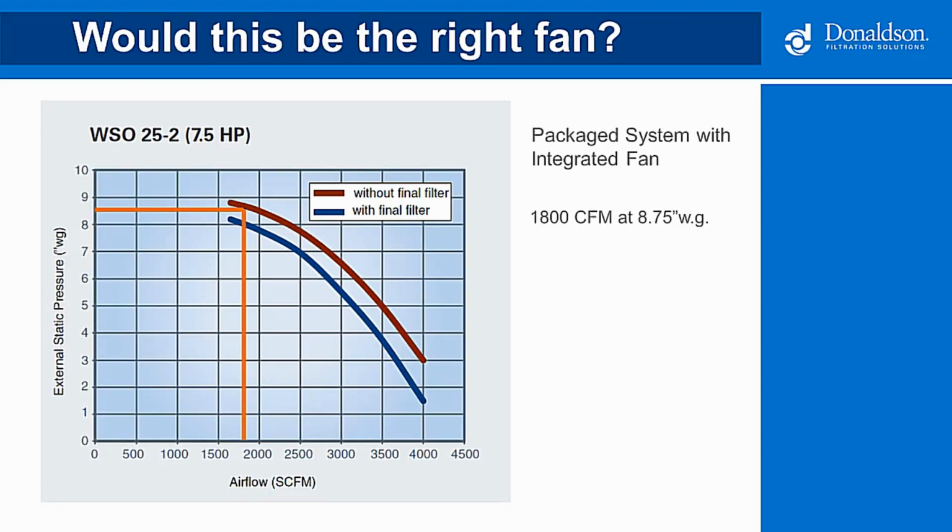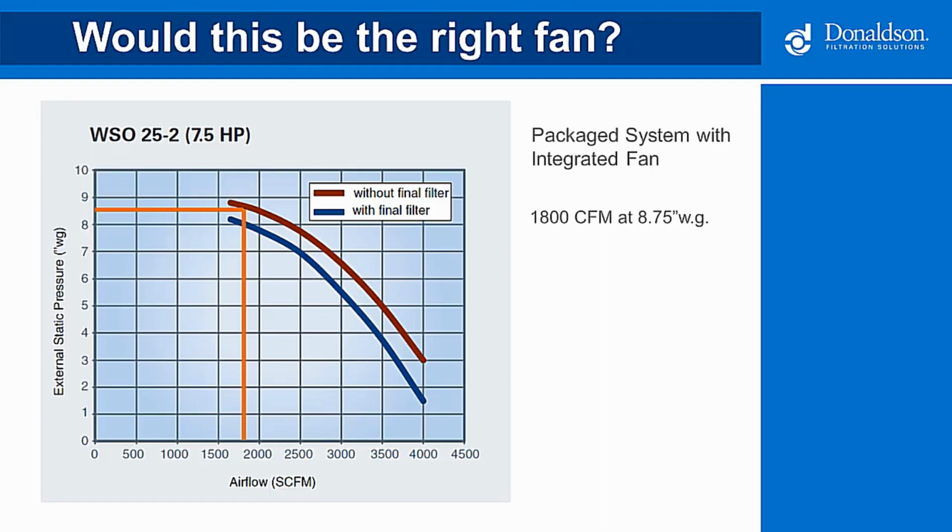The mist collector we chose has that integrated fan package. This is the curve shown here of the integrated fan package. As you can see, this fan will produce 1800 CFM, but only at 8.75 inches of static pressure, which is well below what we need for our requirements. So we're going to have to look at a different type of fan package for this particular system using that WSL 25-2 technology.